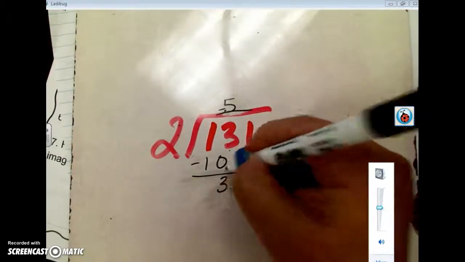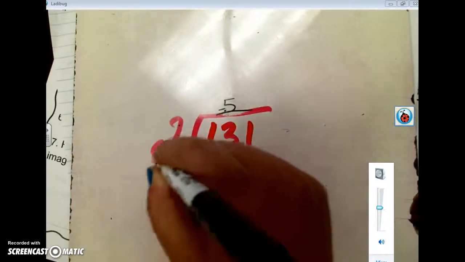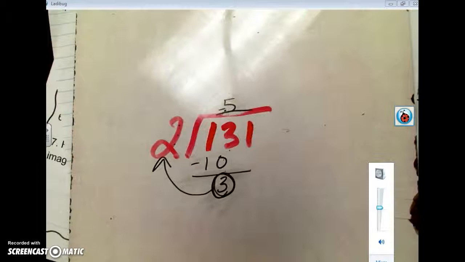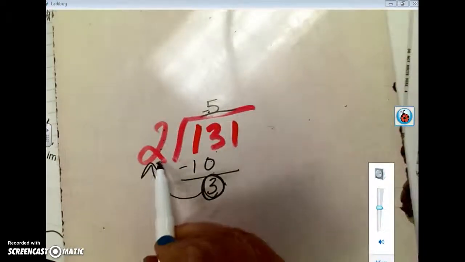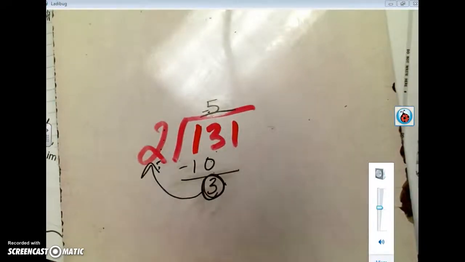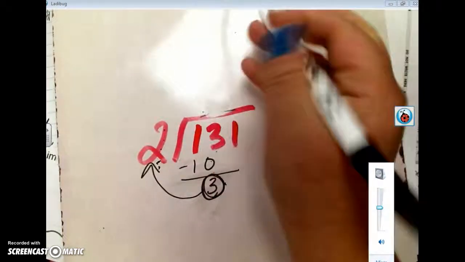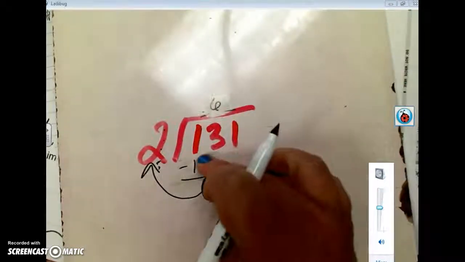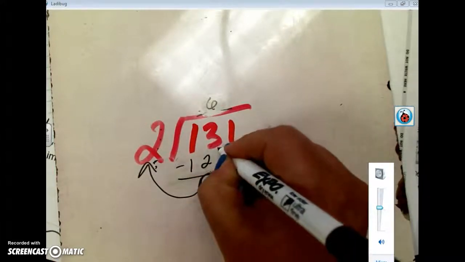When you subtract, this amount can never, ever be larger than my divisor. Otherwise, I know that it goes in there one more time. And that's where, when we have our 6 here, notice we can get 12, and it's still smaller than 13.